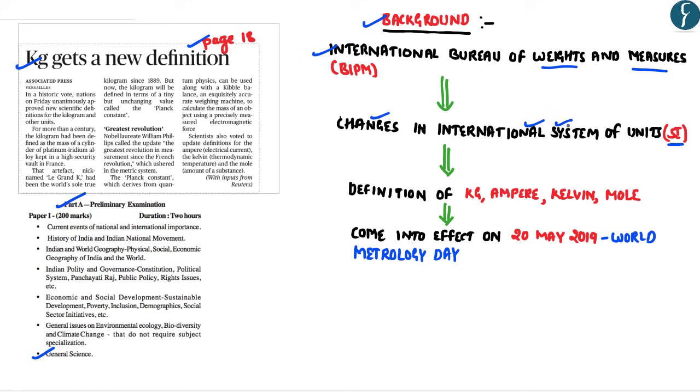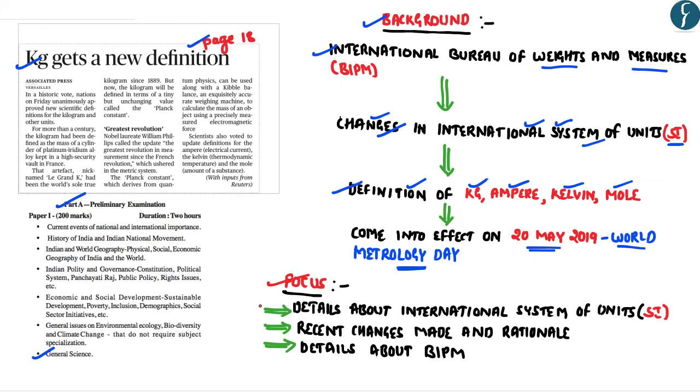Now, this international system of units is a legal system of units which is in use across the world, and these recent changes include the changes in the definition of some of the basic units such as kilogram, ampere, Kelvin and mole. And these changes in the definition of these SI units would come into effect on 20th of May 2019, which is observed across the world as the World Metrology Day.